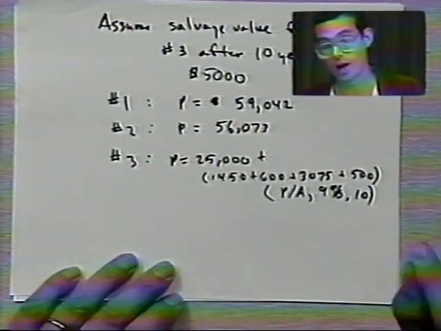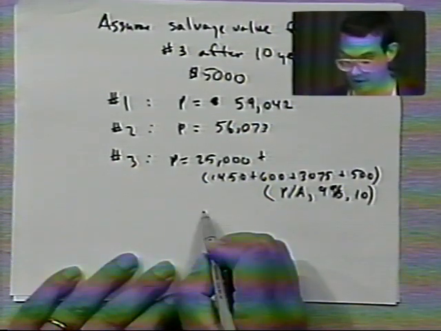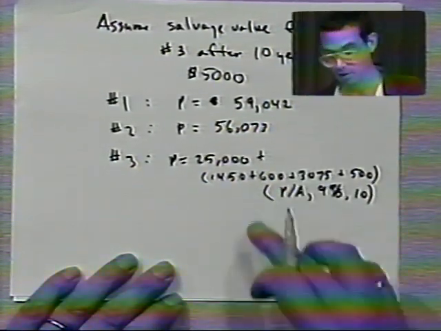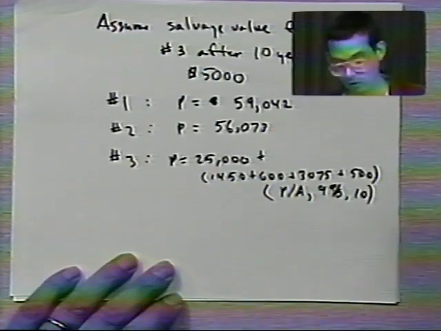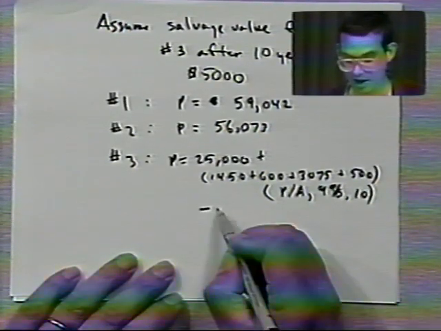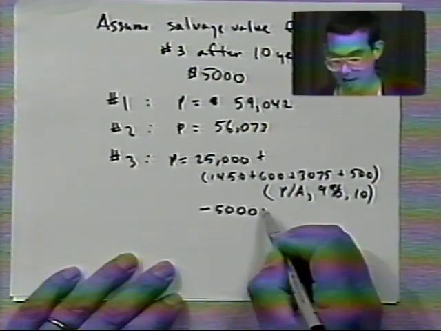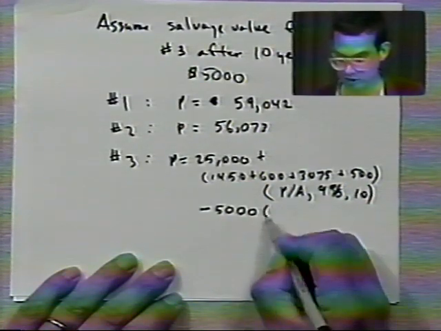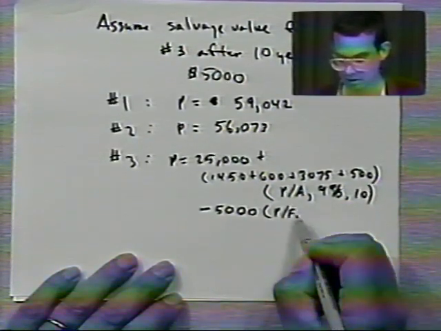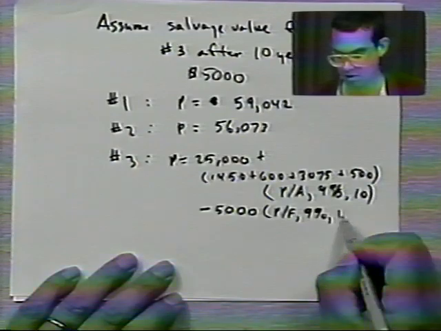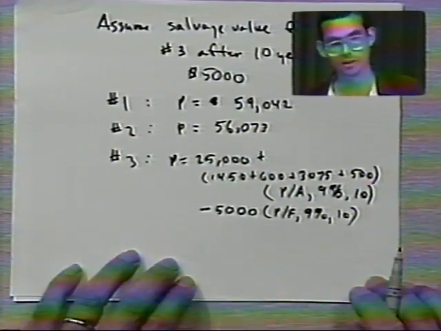But then we have to take into account this salvage value. Now that salvage value is money coming in. The money we have here is money going out, so we change the sign to be a minus sign. So it's minus that salvage value, which is 10 years in the future, brought back to today's money.